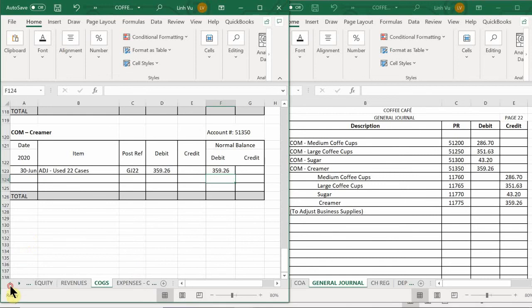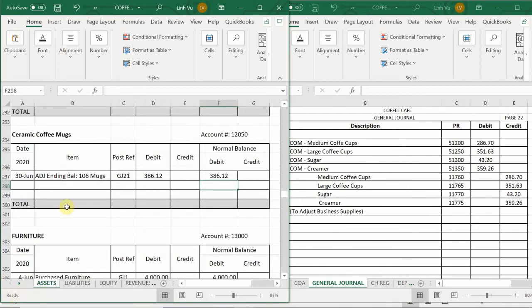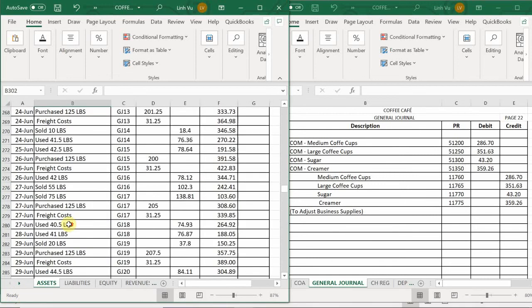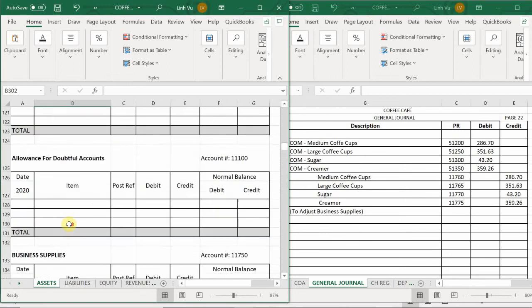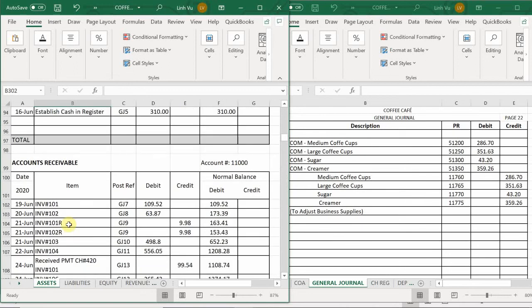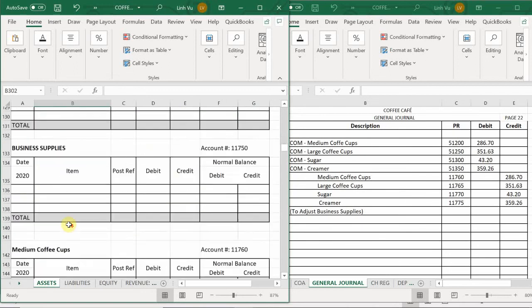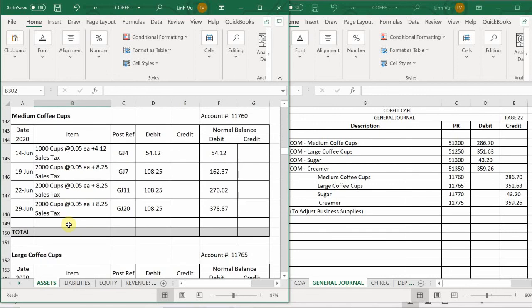So now let's officially update our business supplies, because now we have a grand total of all these coffee cups that we purchased. But now we're going to add our adjustment because we no longer have these coffee cups available.